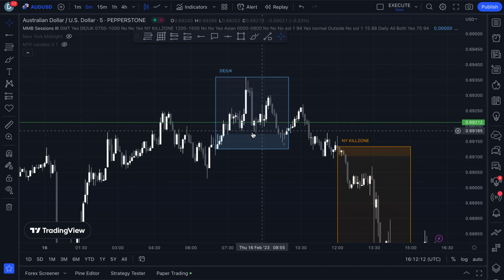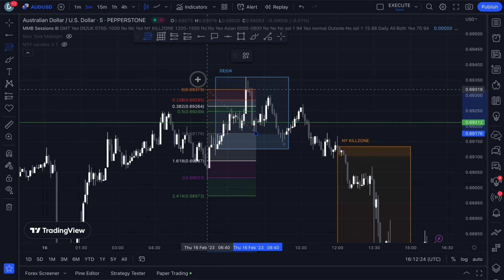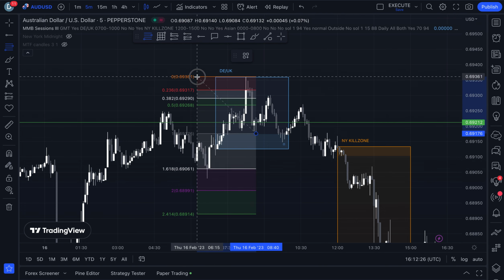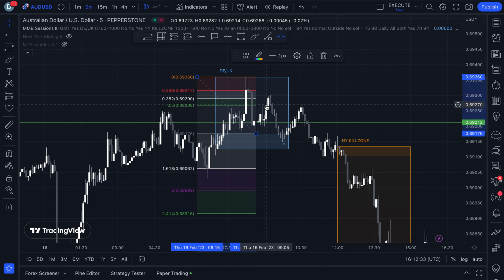Price went below this just a bit, and so I wasn't too confident in taking another sell, but that would have actually been my best move. So my best move would have been, still with the fib, we went past 50%, and past 50% I'm just looking for a bearish move.